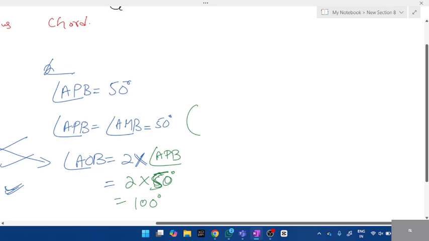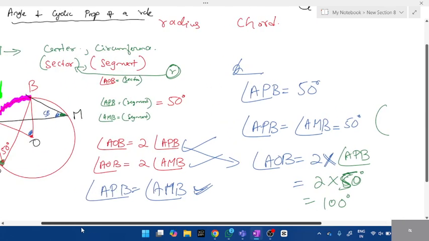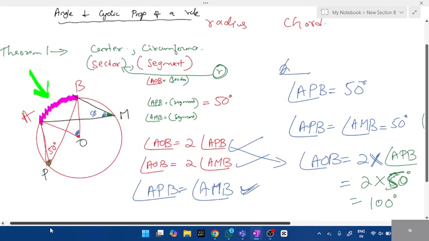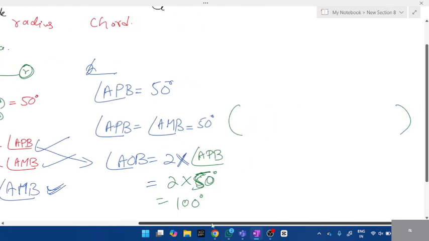Look, we have written a statement saying that APB is equals to AMB. Both are equal. What are these, students? APB and AMB, are they sector or segment? Segment. Both are segments.